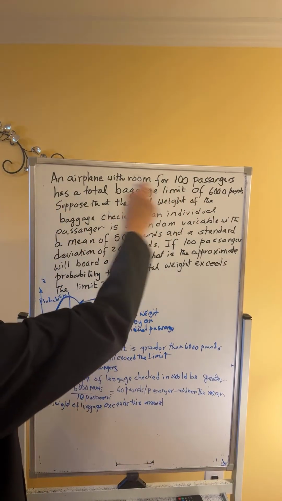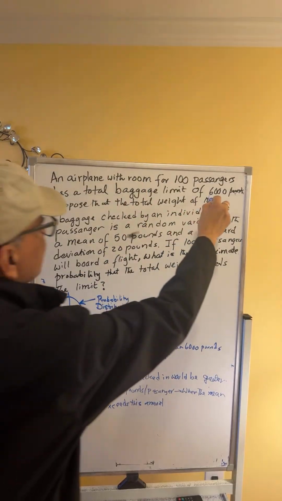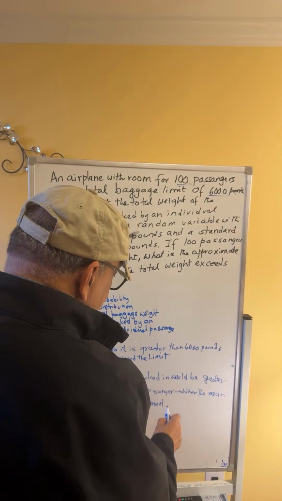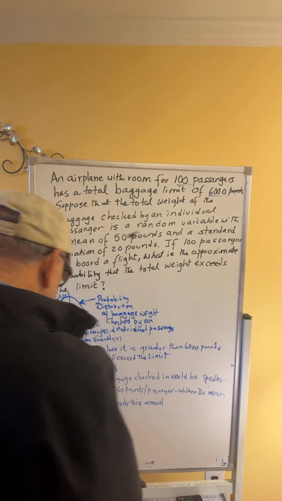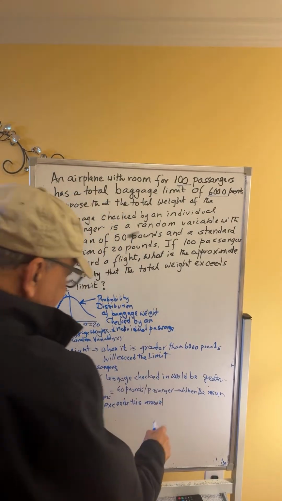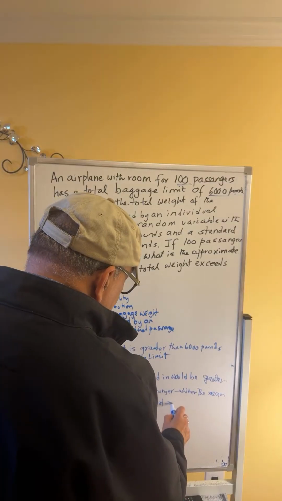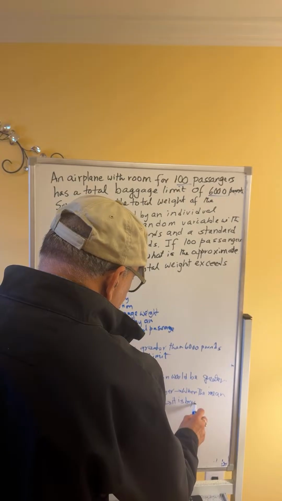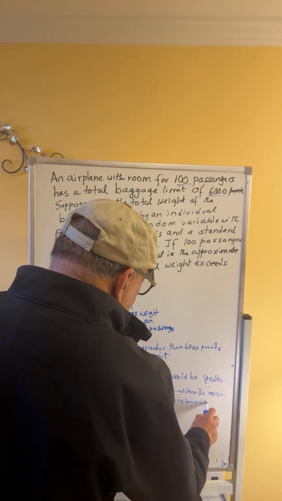Remember, the limit is 6,000 pounds and 100 passengers. When the mean weight of the luggage exceeds this amount, it is beyond the restriction, and there is a chance of crashing. You don't want that. Beyond the limit.